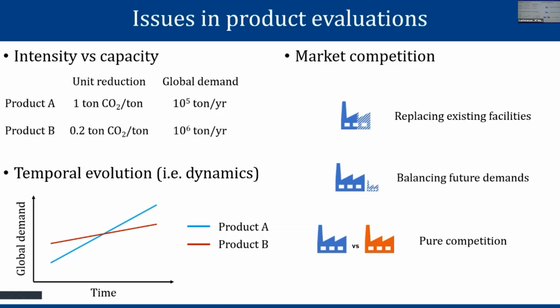So we need to consider different scenarios for the market competition. Two additional scenarios that we can think of are to balance the future demands by producing the products from a new sustainable process, and the pure market competition between the existing plants and the new sustainable plants.